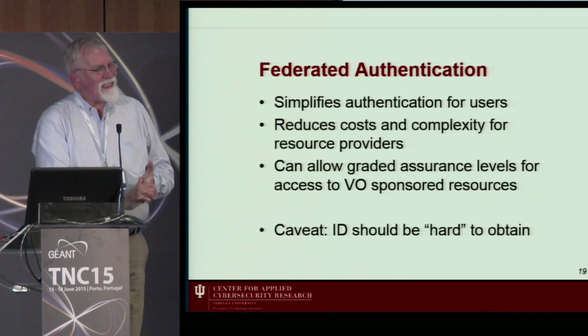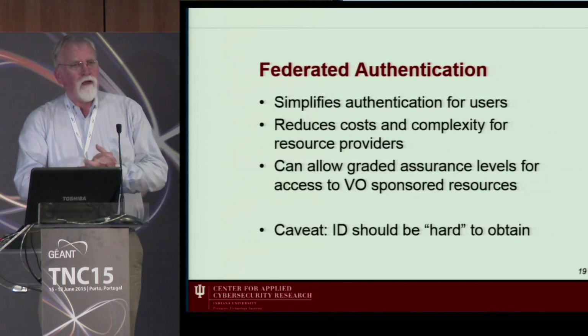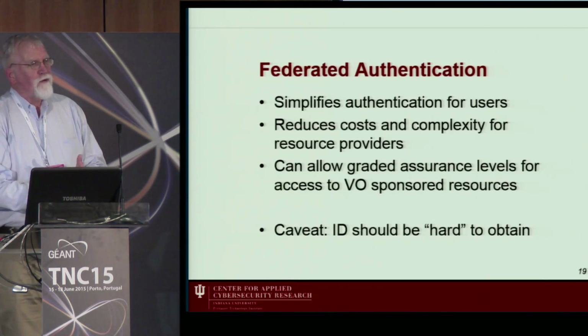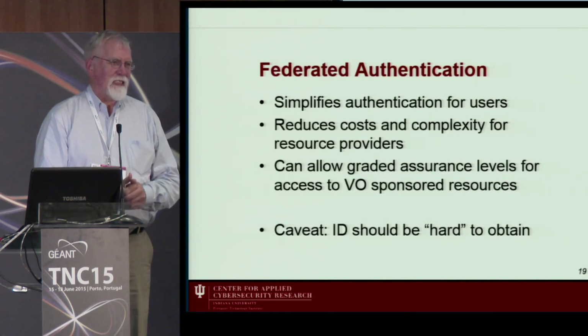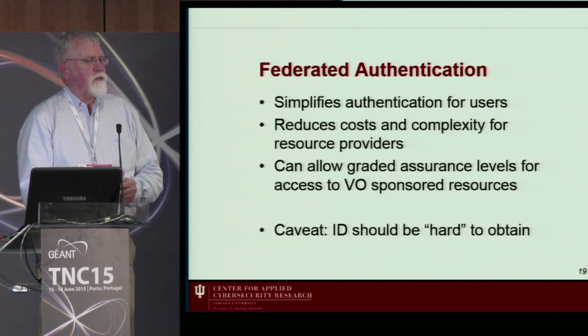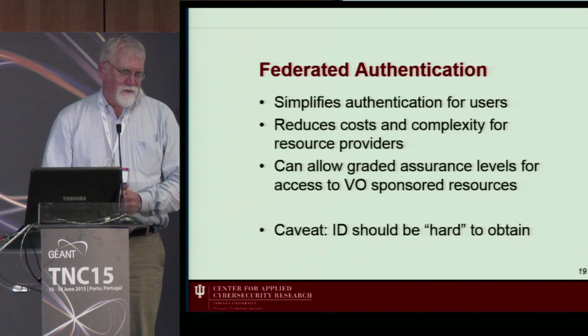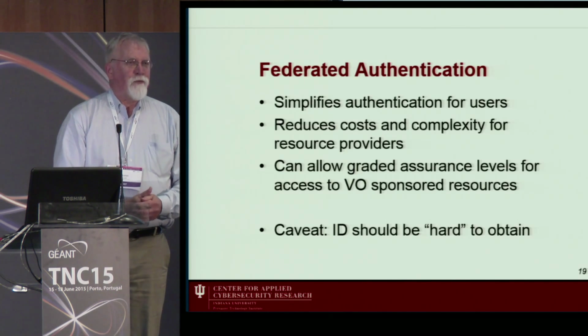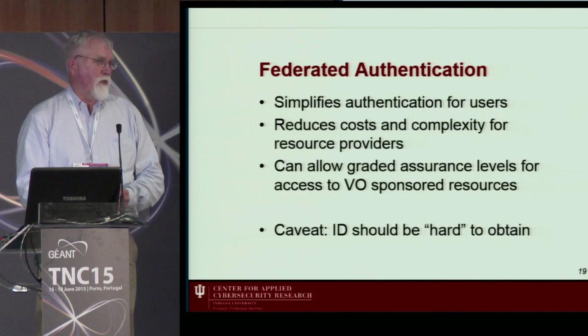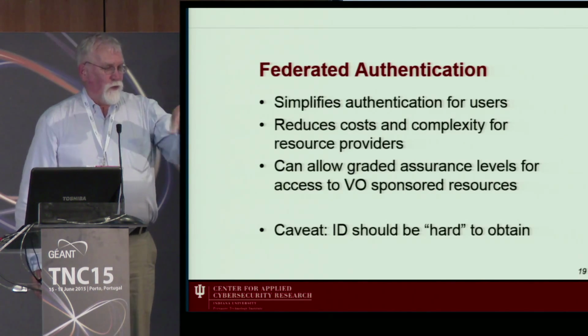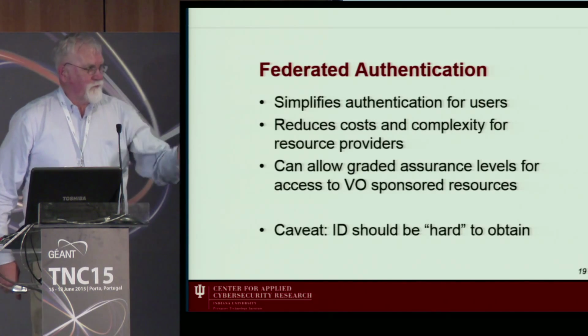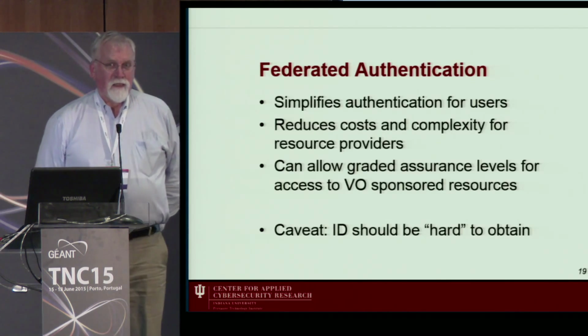Now, the ID needs to be hard to obtain, at least from the resource provider point of view. What do I mean by hard to obtain? If you use a social identifier and the resource provider says, we don't like you anymore, they want to be able to say, no, we don't want this person anymore.